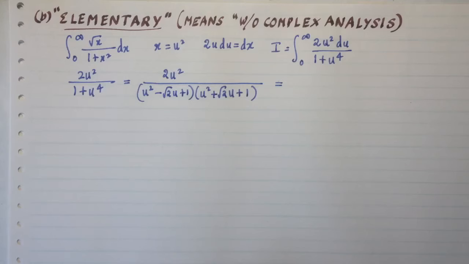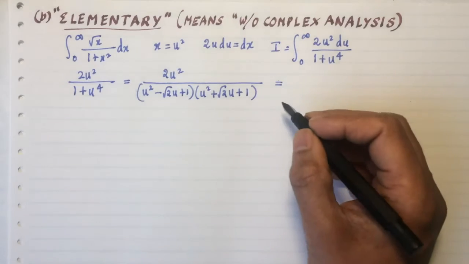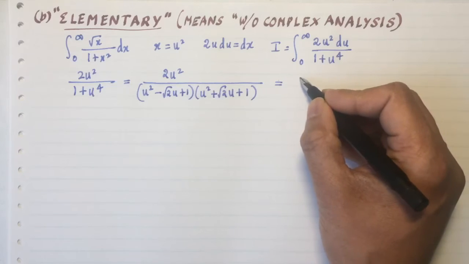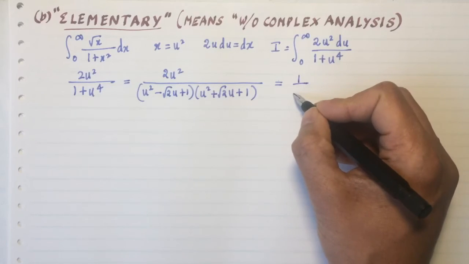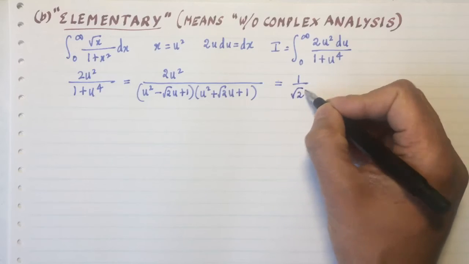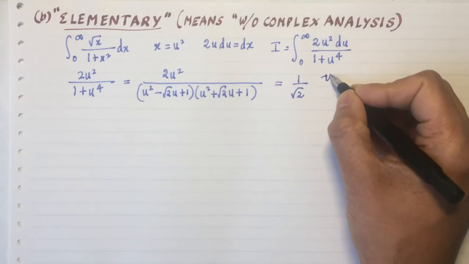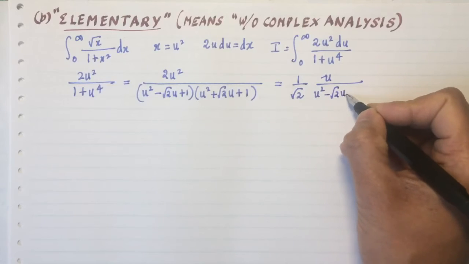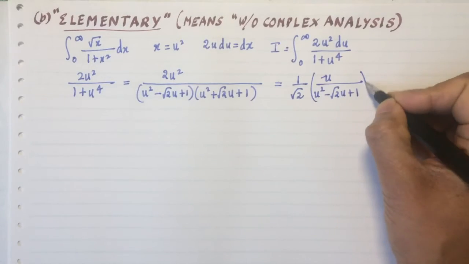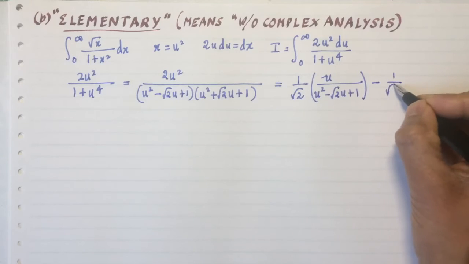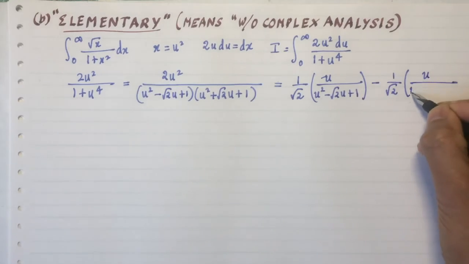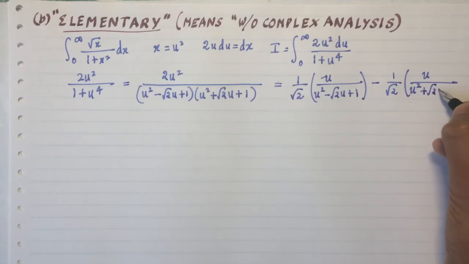So you just end up doing partial fractions, and when you do partial fractions, this gives me 1 over root 2 u over u squared minus root 2u plus 1 minus 1 over root 2 u over u squared plus root 2u plus 1.